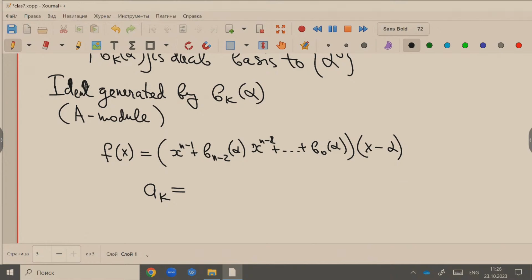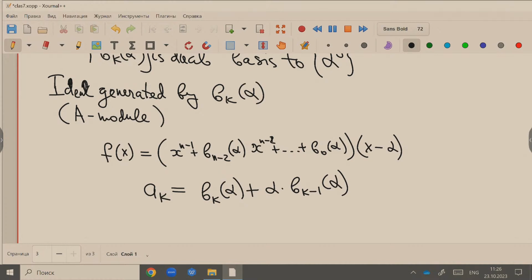So that a_k is written as beta_k of alpha plus alpha times beta_(k-1). So you see that if you recalculate beta_k from the viewpoint of coefficients of A, you have a triangular system.